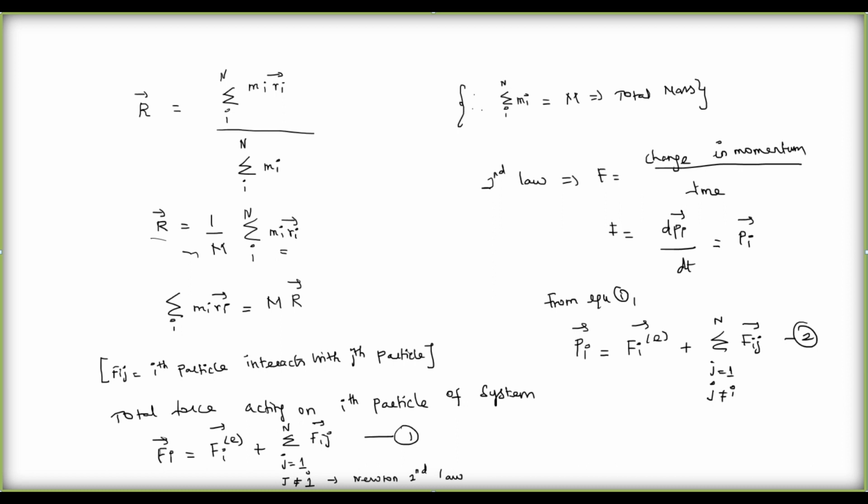The next, by using Newton's third law. So what is Newton's third law? You know very well about that. So from the third law, Fij vector is equal to minus Fji vector.